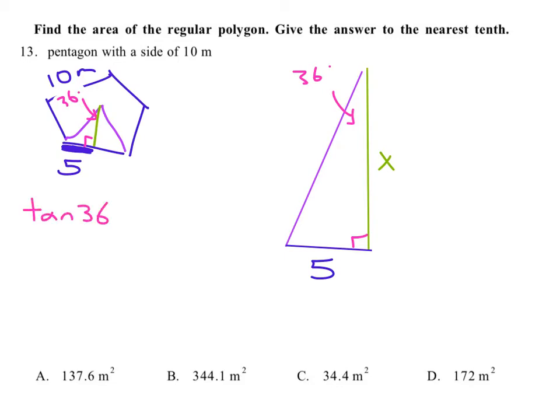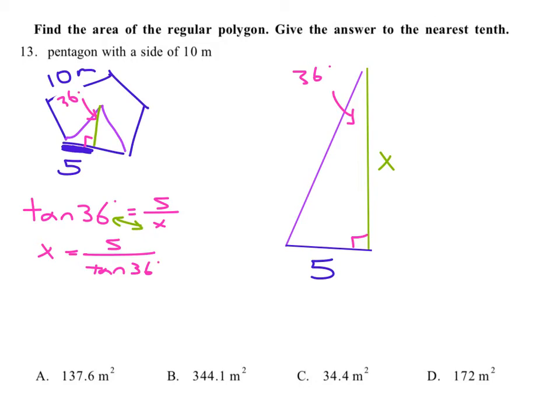Tangent of 36, tangent's opposite over adjacent, the opposite side is 5, the adjacent side is x. And switching them, which we're allowed to do to isolate x, we get x, which is the apothem, is equal to 5 divided by tangent of 36. So then we can use all that in our formula.